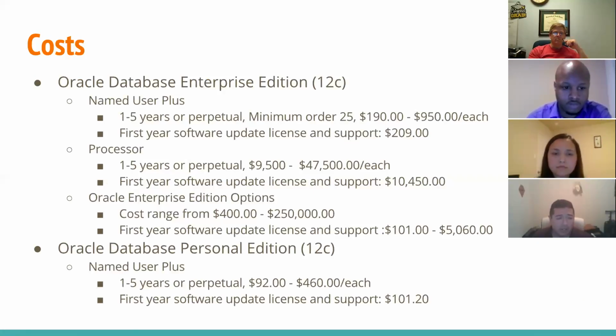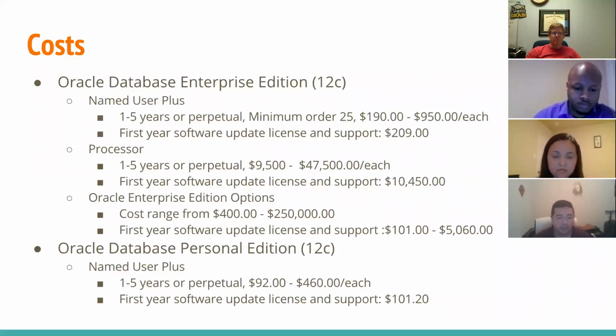Also, the Oracle Enterprise Edition options cost ranges from $400 to $250,000, and this first year software update license and support is from $101 to $5,060. The Oracle Database Personal Edition, the Named User Plus Edition, is again 1 to 5 years at $92 through $460 each.